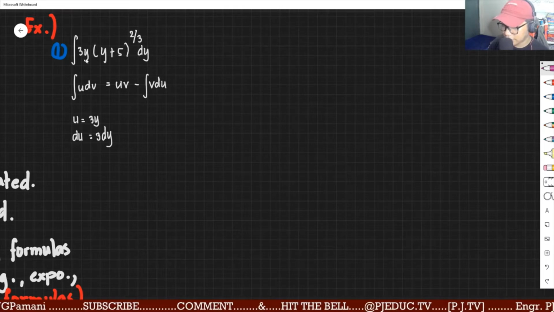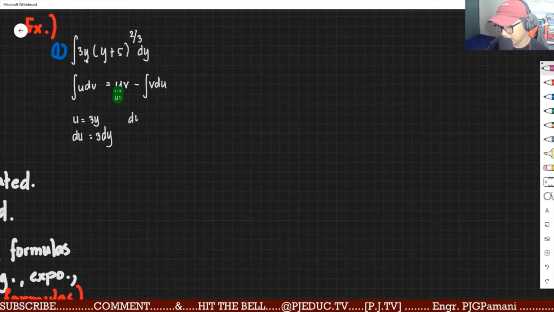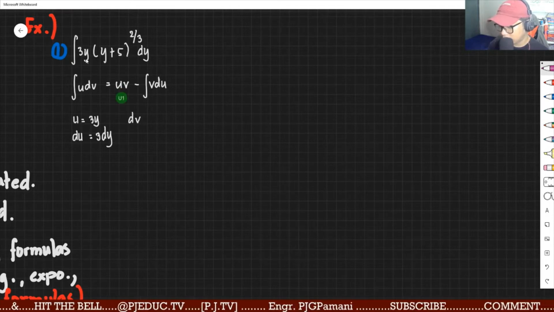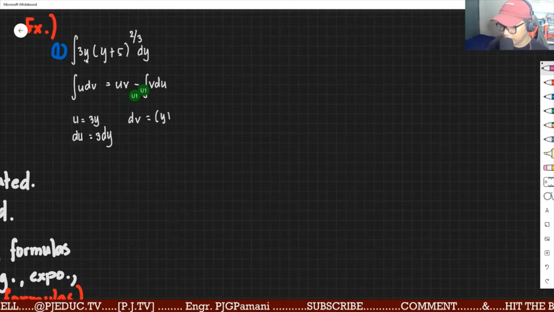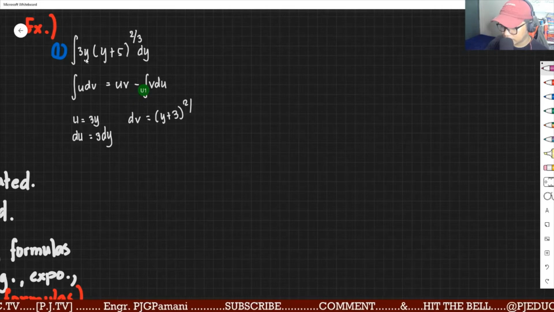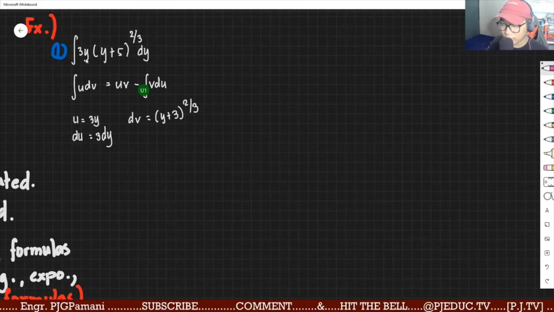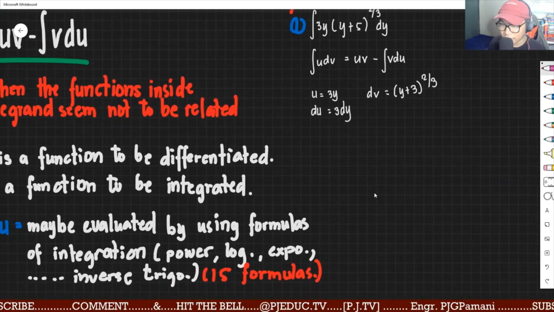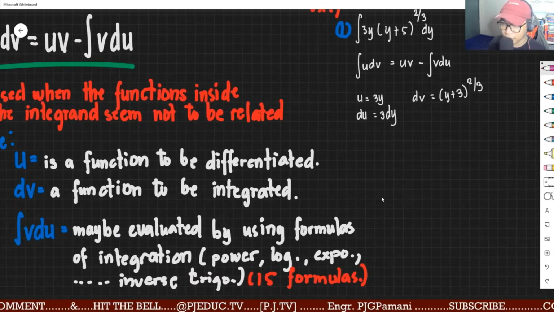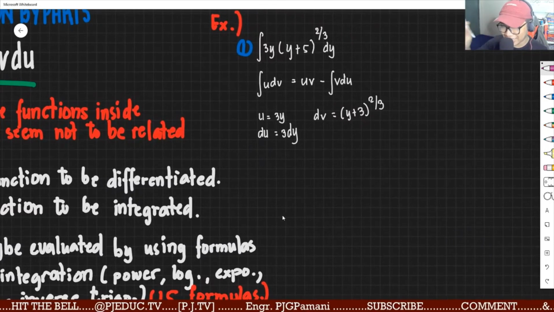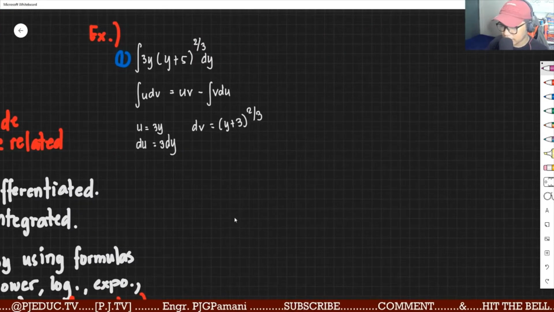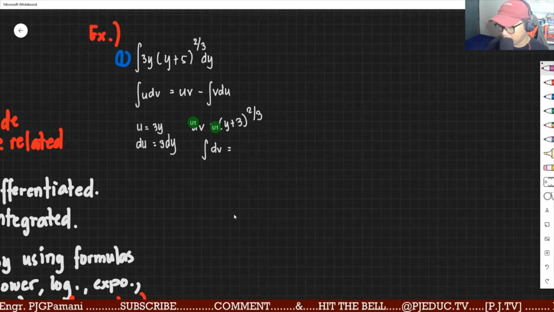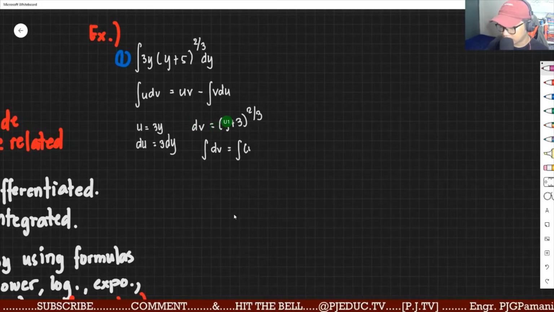Then dv, the term that should not be included in u, is (y plus 5) raised to 2/3. What we will do with this term is, again, remember, dv from our definition is the function which we need to integrate. So basically, we introduce an integral sign on both sides, left and right.